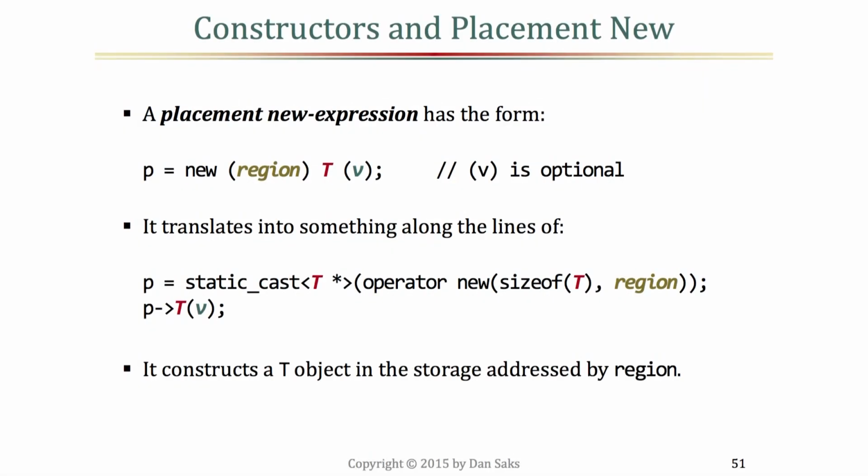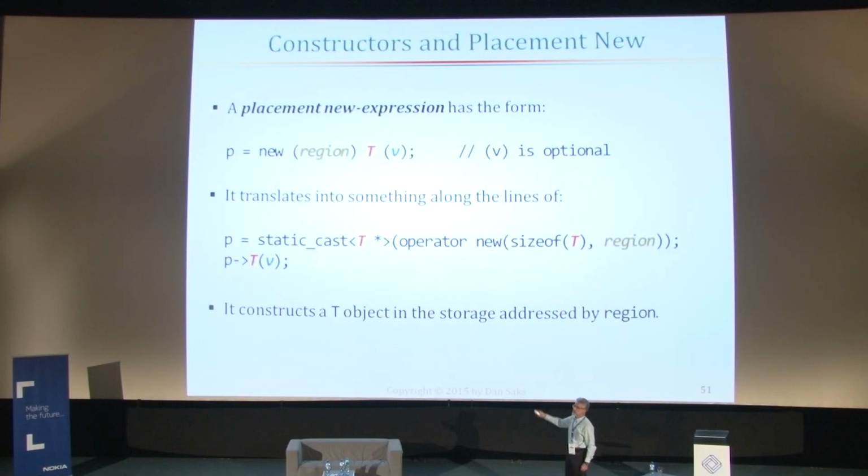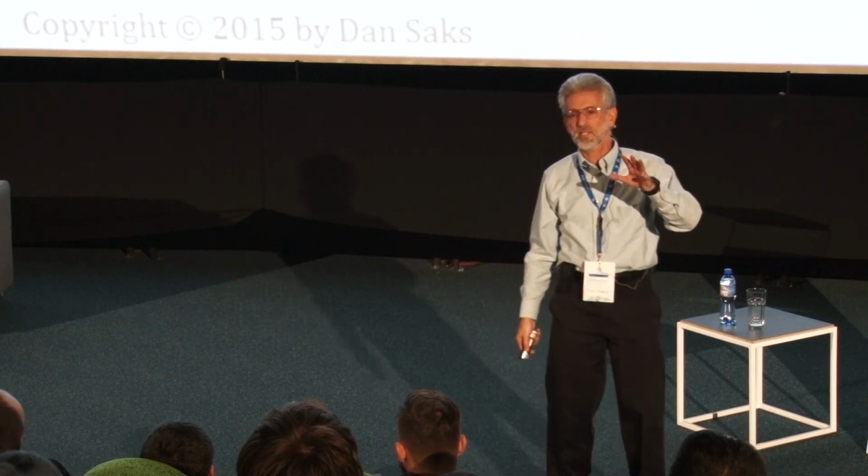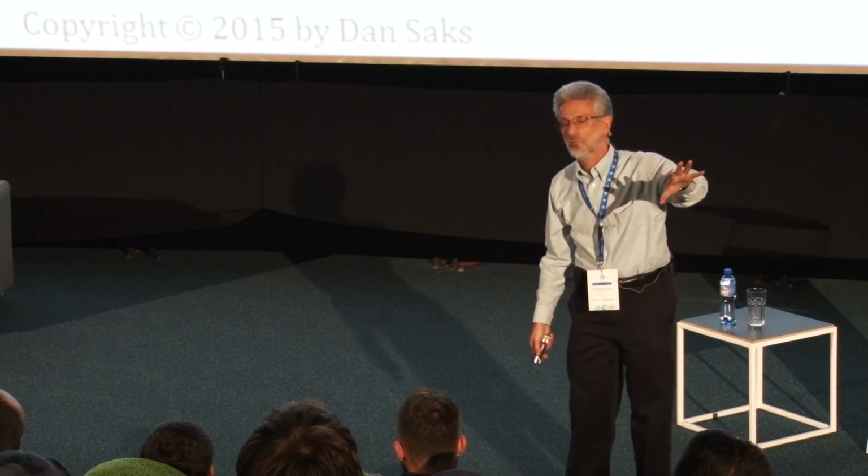This type is ignored, actually, and what this really does is it has the effect of assigning region to P. And then it says apply the constructor to it. So region represents storage that already exists, and what this notation effectively does is it says apply a constructor to storage I've already got.